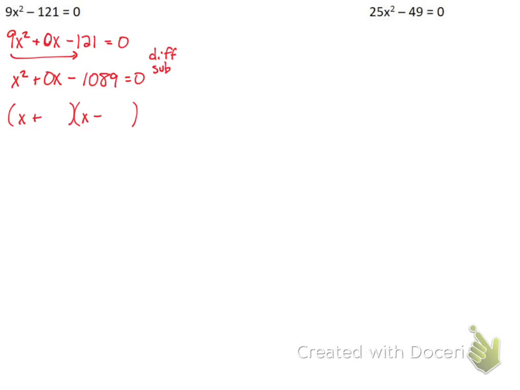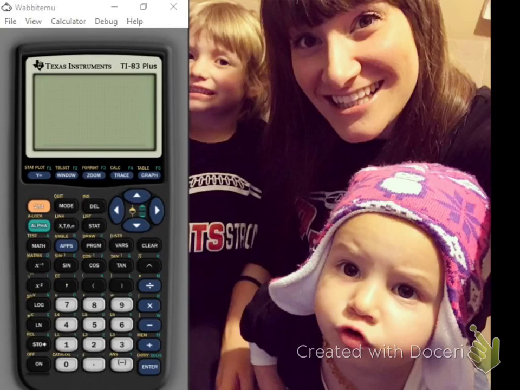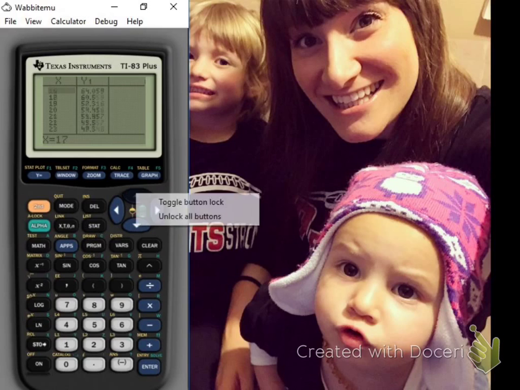So I can jump over to my graphing calculator. I can go 1,089 divided by x. Go to my table, and again, I'll have to scroll down pretty far. So if you start at 0, you can just scroll all the way down here. Again, I know they have to be the same number.